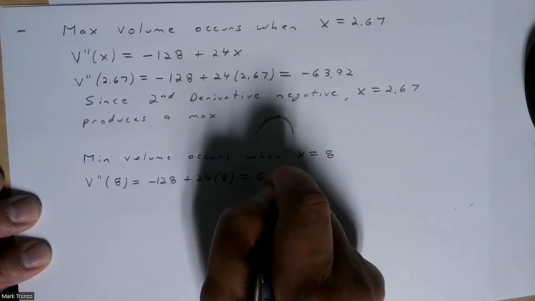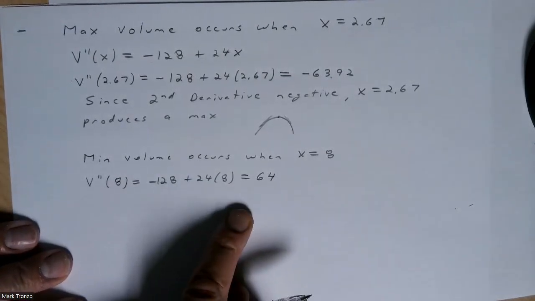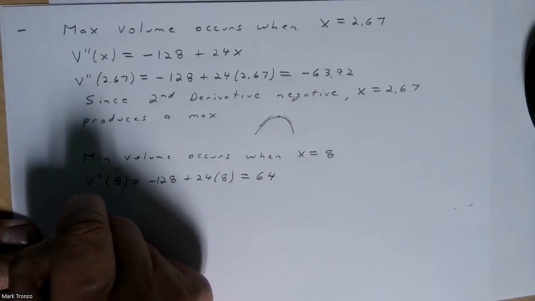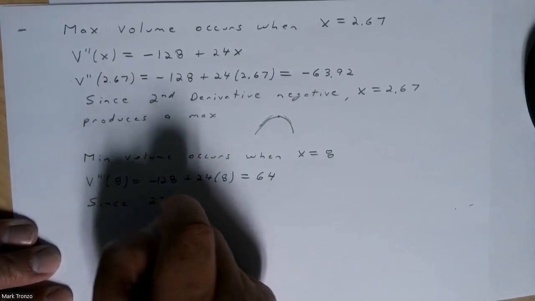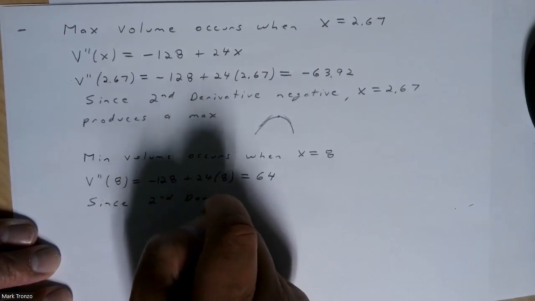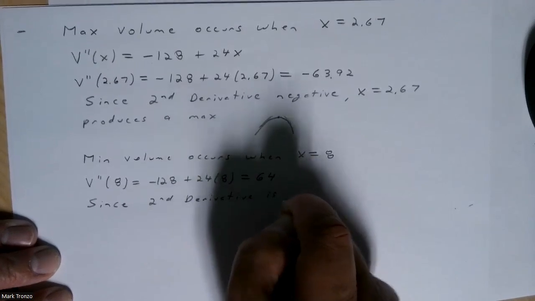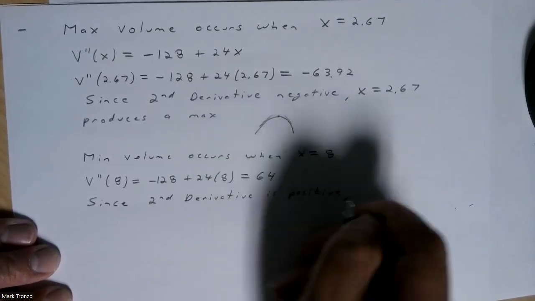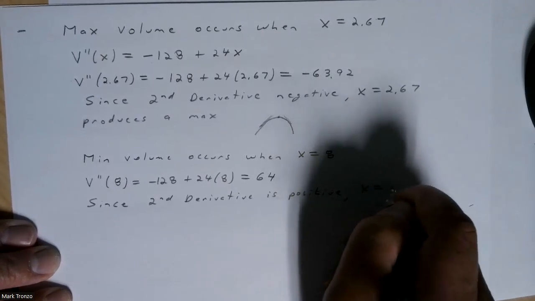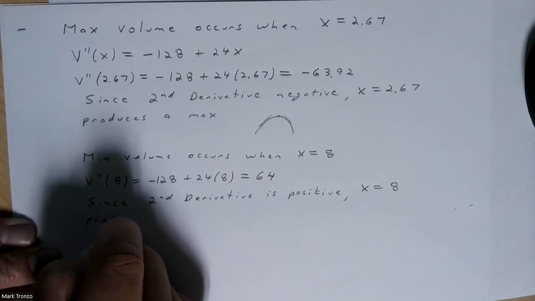And that gives us 64. So remember, if you have a positive second derivative, since the second derivative is positive, then x equal 8 produces a min.